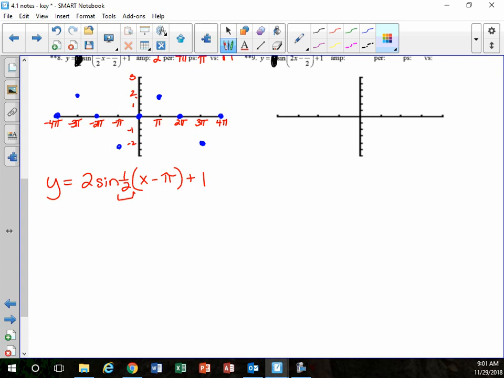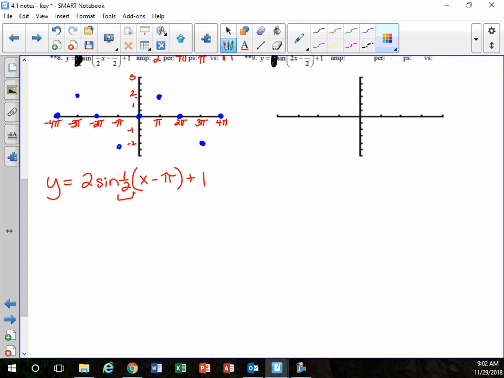Because it's some sort of general vertical of 1. Okay, so our shifting, 2 things to do in our shift, right? Where are we going? Right pi, which pi now is only 1 tick mark, right?